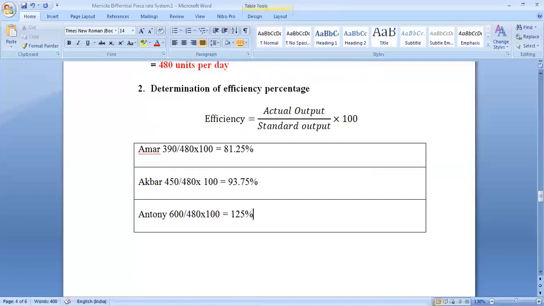Below 83% means he's a slow worker, right? He falls under the basic incentive slab, that is 100% of normal.